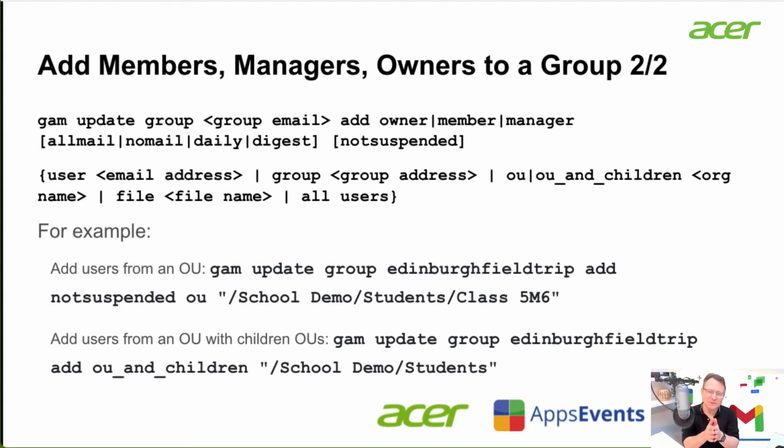What this will do is take all the members of that OU and add them to the Edinburgh Field Trip group, but only if they are not suspended. So this is a way of saying if you've got suspended users in an OU, let's not add them to the group.